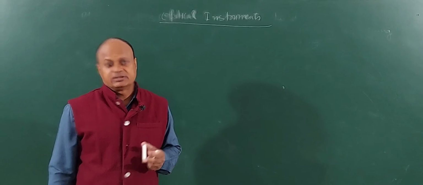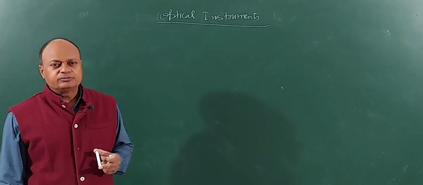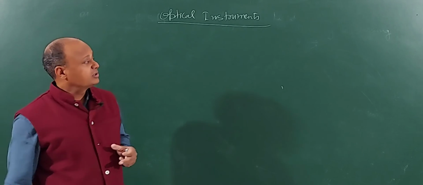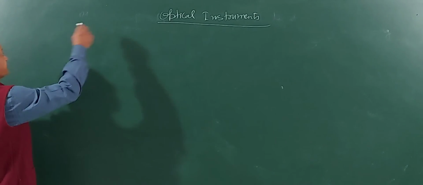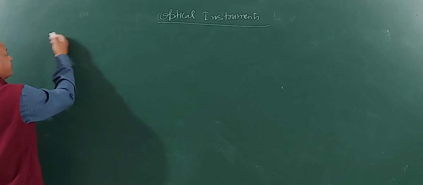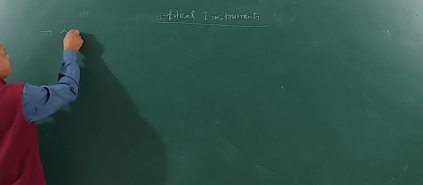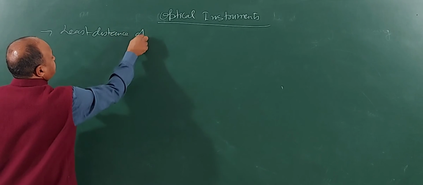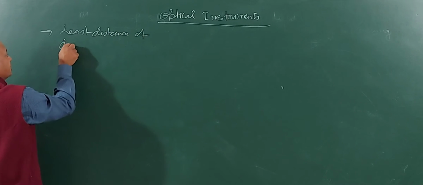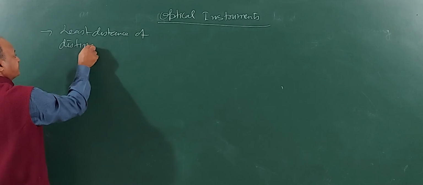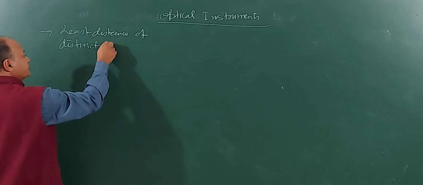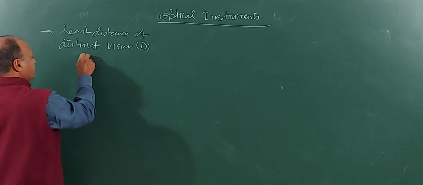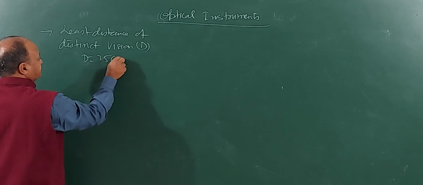Okay, all right. Now, we will be using a term called magnification, and magnification we have already done, but before that we will be using another term, least distance of distinct vision. We will denote it by capital D, and D is 25 centimeter.